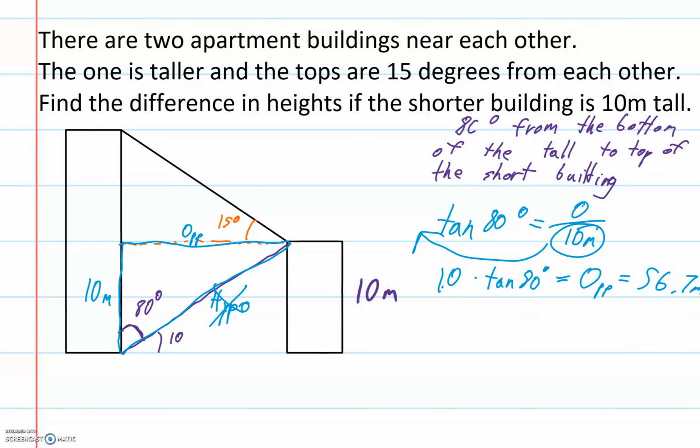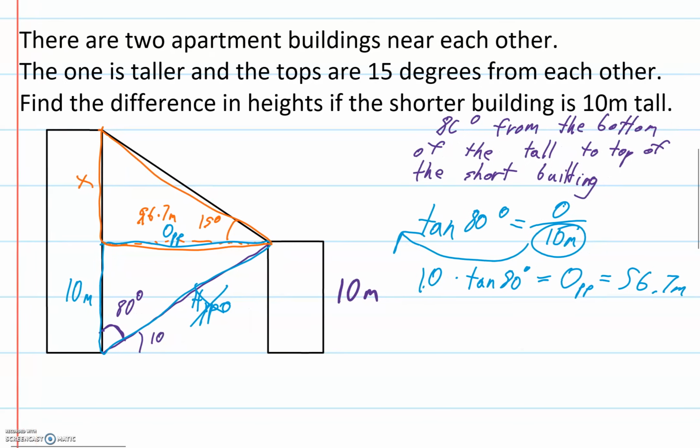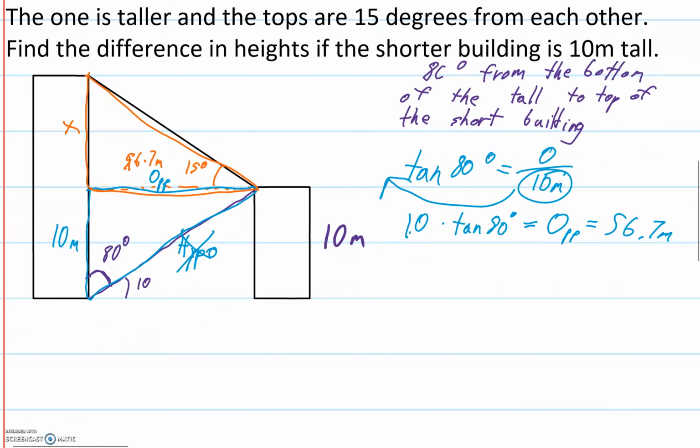Now we have part of the answer for this orange triangle up here, because now we know that opposite side is 56.7 meters. So we are now looking for this side up here, because we're wanting to find the difference in height. So again, we're going to be using the tan equation. Tan of 15 degrees is opposite over adjacent, 56.7 meters.